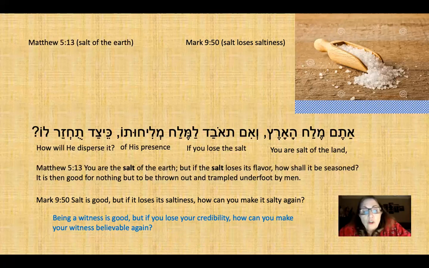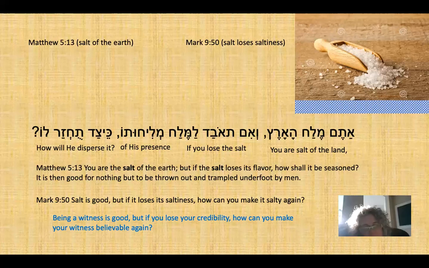But if you lose your witness or your credibility... how many major preachers have been caught in sinful acts and lost their credibility? That harms Christianity. It doesn't harm just that person. And then how can you make your witness believable again?